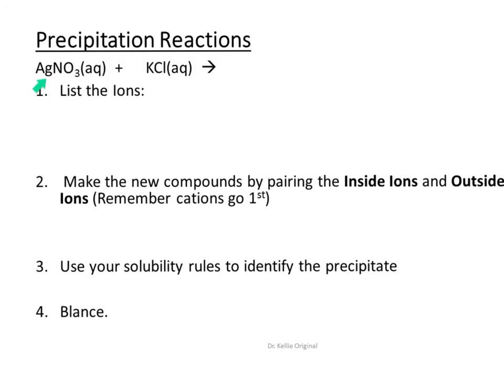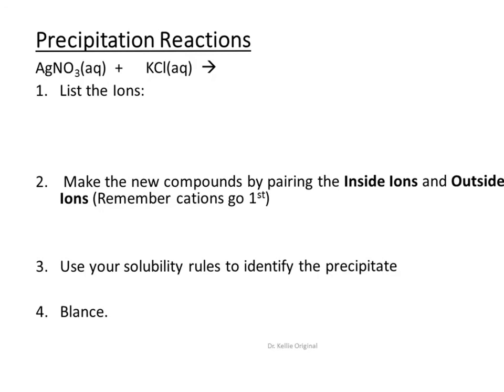In other words, if I tell you you're mixing silver nitrate with potassium chloride, I want you to be able to tell me what goes on the other side of the arrow. Note, it's not enough for you to be able to tell me what compounds are going to be on this side of the arrow. You need to be able to tell me what phase the compounds on the other side of the arrow are going to be in.